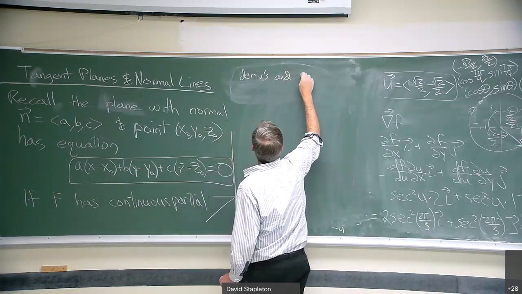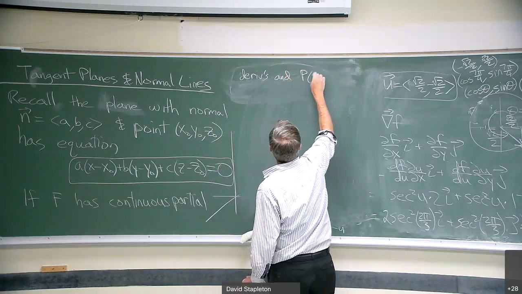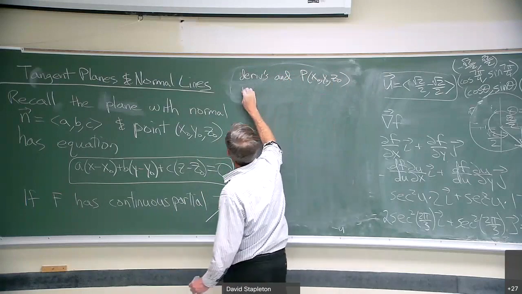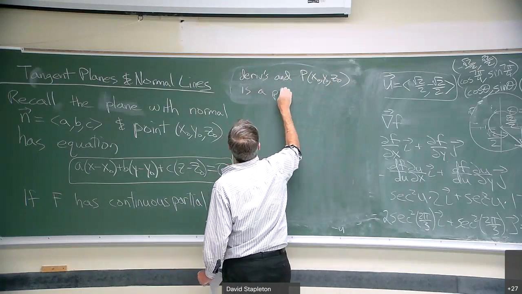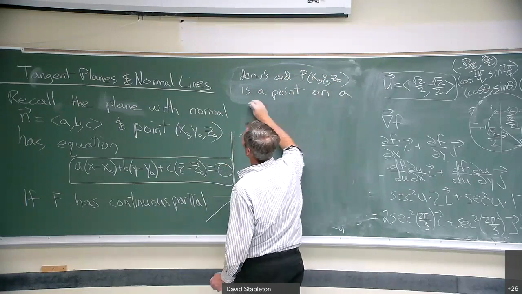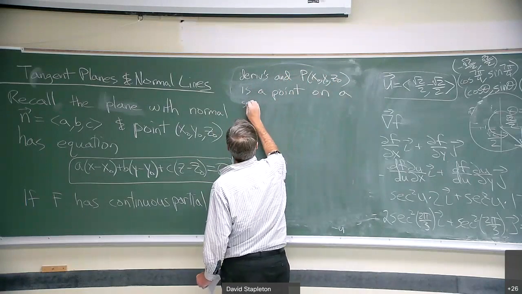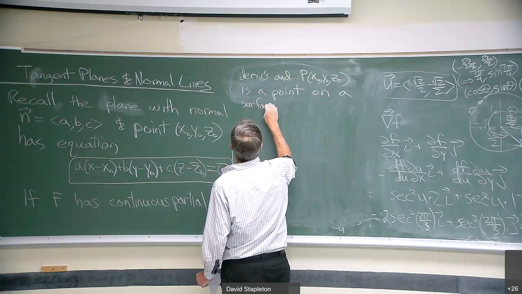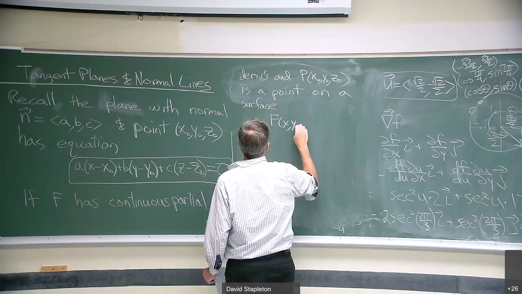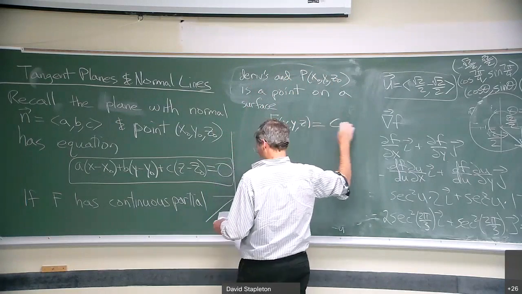And P with coordinates x naught, y naught, z naught is a point on a surface given by f of x, y, z equals a constant.